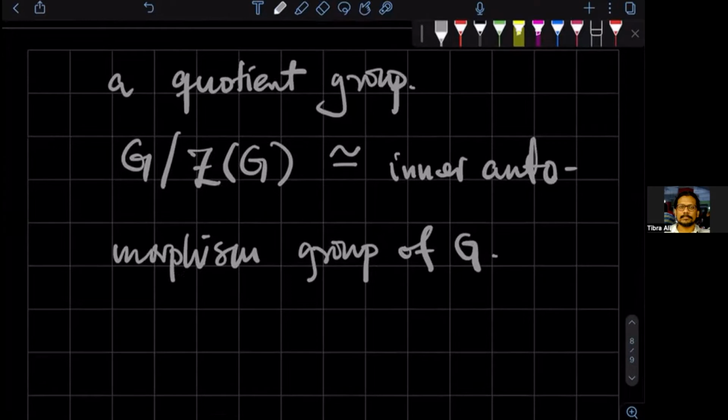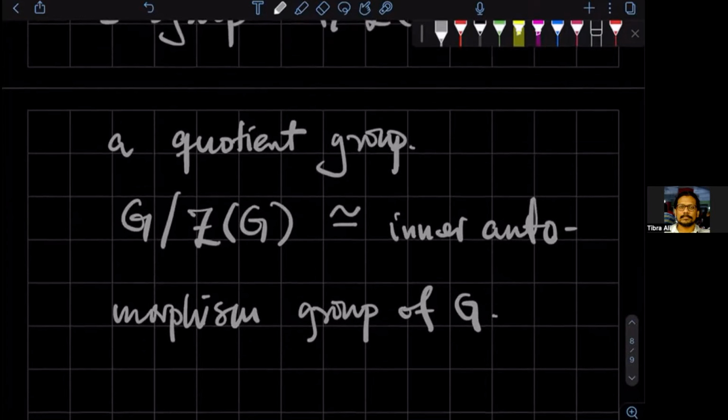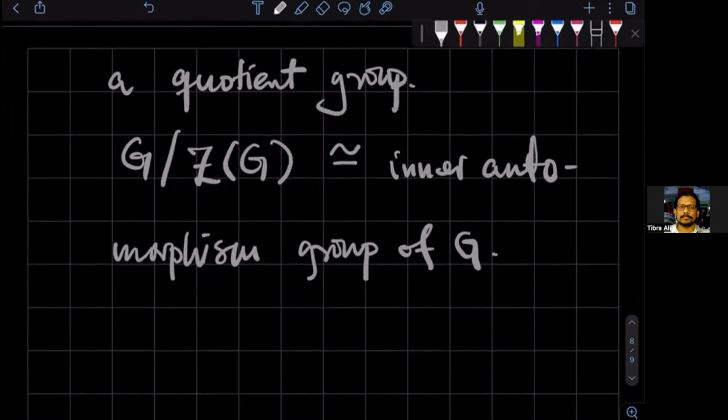It involves a certain action which we will actually define today. So when we discuss the theorem, we will come back to this.